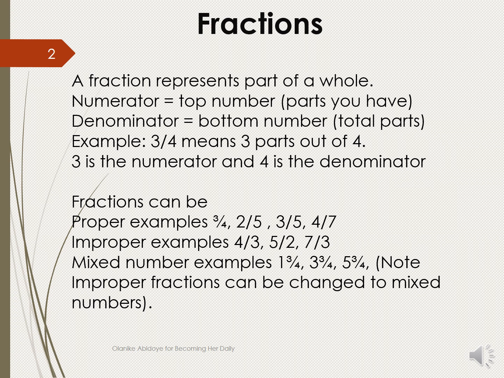The same way with 3 whole number 3/4: 3, the whole number, times 4, the denominator, is 12. Then we add 3, the numerator, so 12 plus 3 is 15/4.